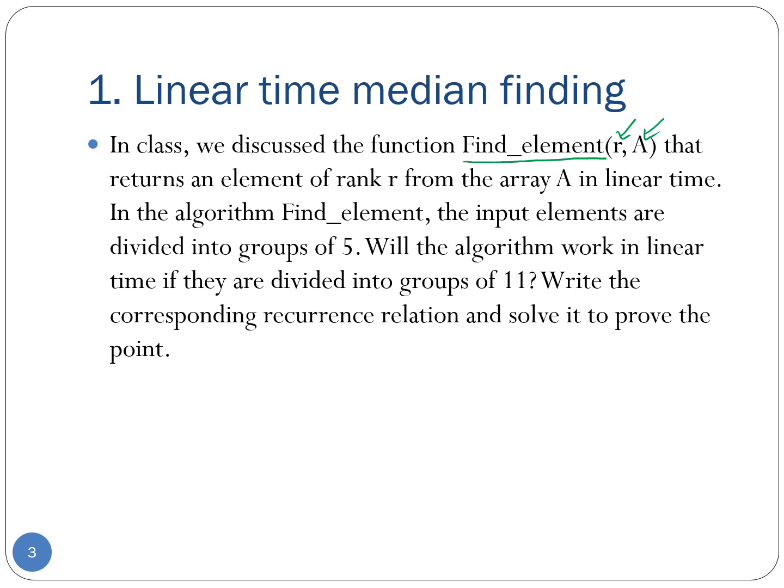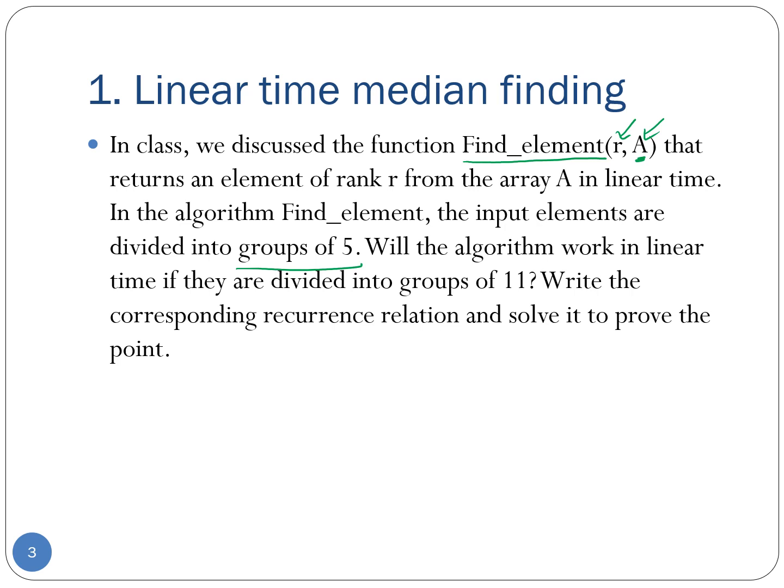The standard way this algorithm works is by first finding an approximate median of this array A, then partitioning the array around that approximate median, and then recursing in one of the halves, the lower half or the upper half. The way we discussed this in the class was to find the approximate median, where the algorithm divided this original array A into n by 5 groups, where each group had at most 5 elements.